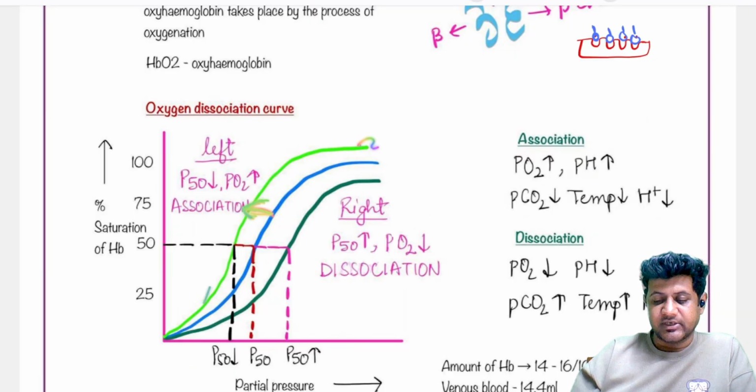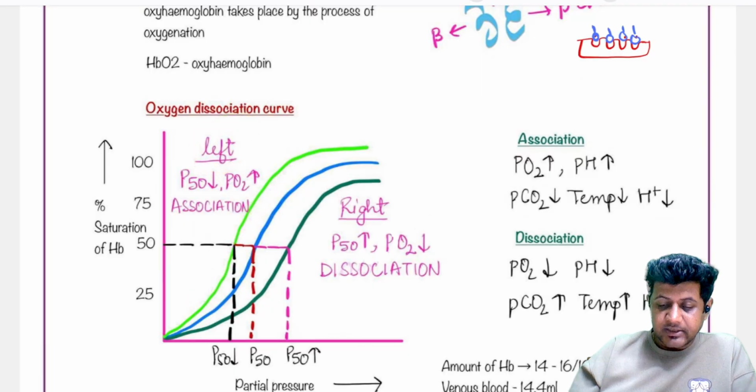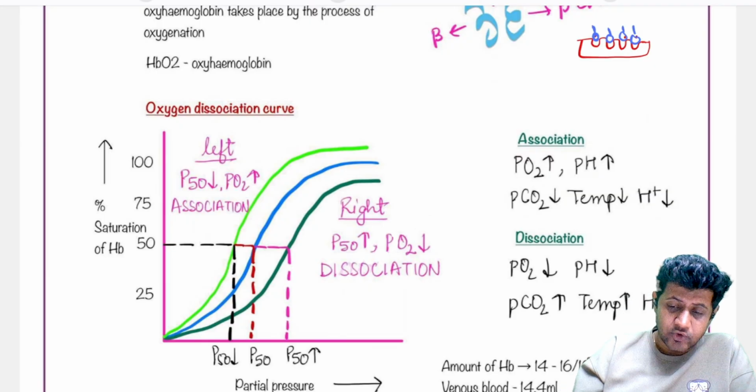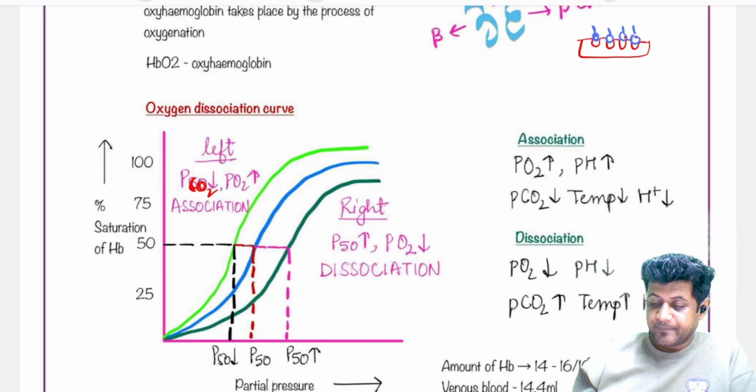It will shift towards left when the oxygen pressure is high and CO2 pressure is low. This is CO2, right? CO2 is low.